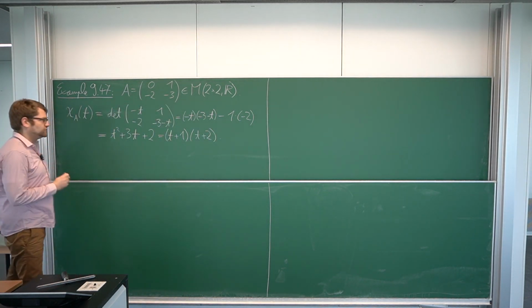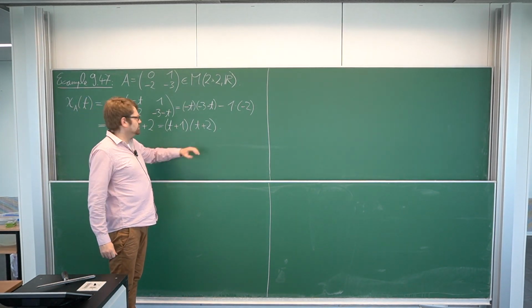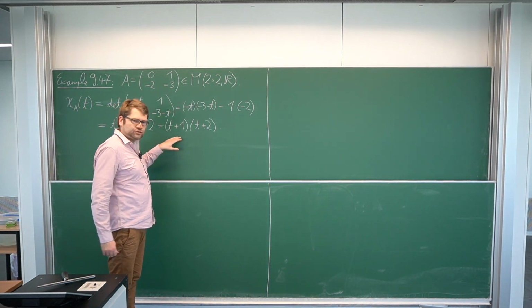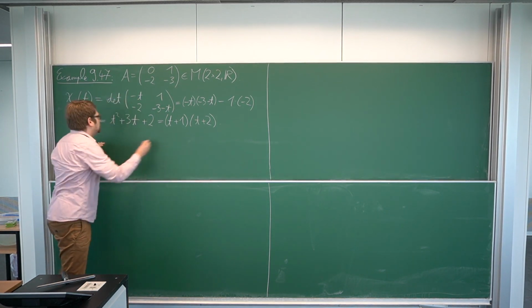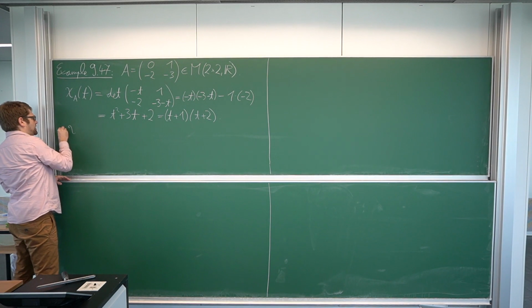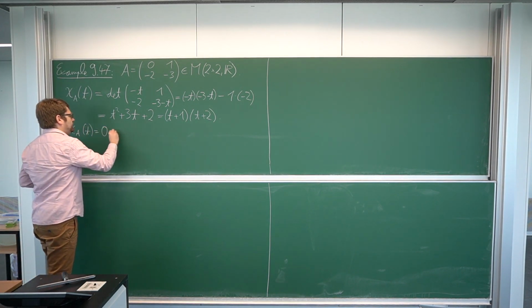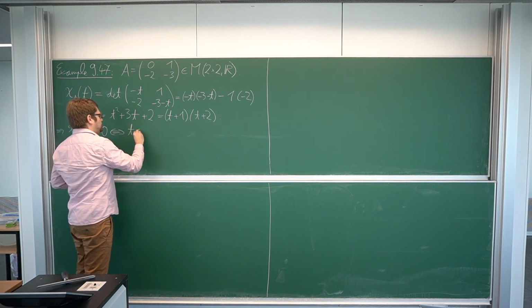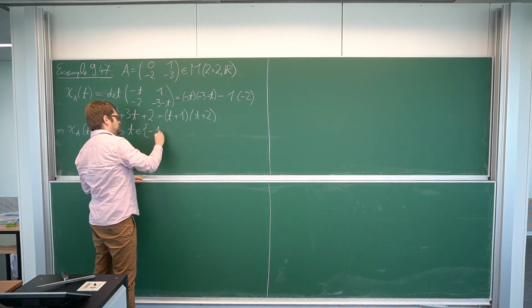And this is really useful because from this we can see what the zeros are, because a product vanishes if and only if one of the factors vanishes. So chi A of t is 0 if and only if, what possibilities do we have for t? If this becomes 0, t would be minus 1.